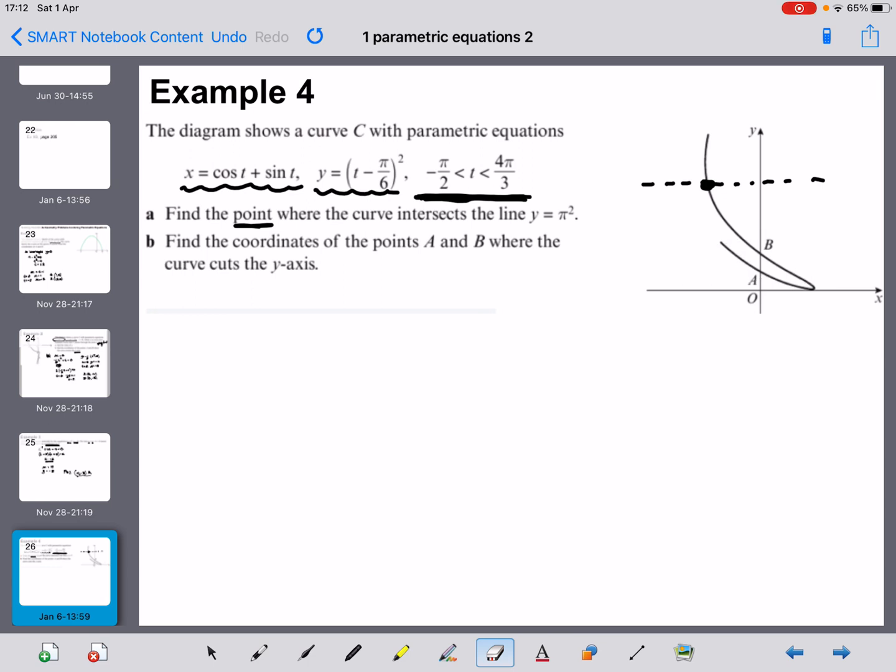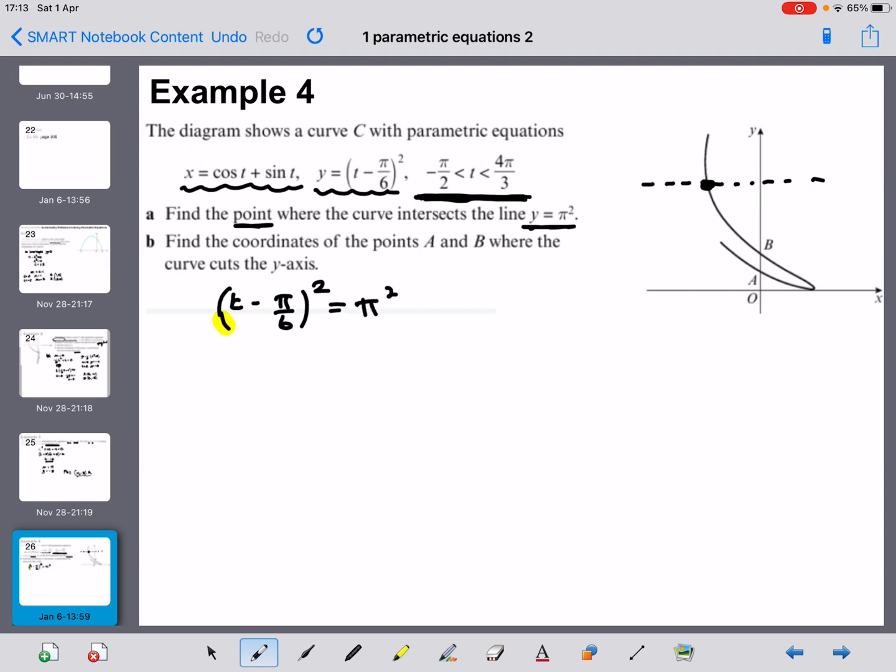Okay, find the point where the curve intersects the line y equals pi squared. So that has got a y coordinate of pi squared. So what we need to do is substitute that into our y parametric. So we're going to say (t minus pi on 6) squared equals pi squared.